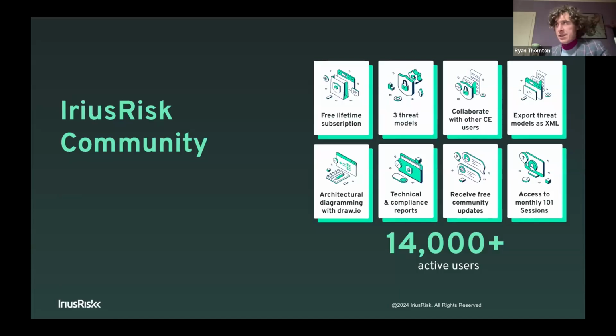There's a nice little button in the top right-hand corner where you can invite other users, so that you can turn your collaboration up to 11. You can export your threat models, after all, into an XML file. We use, and you'll see this very shortly, draw.io. So it's familiar, and if it's not familiar, it soon becomes familiar.